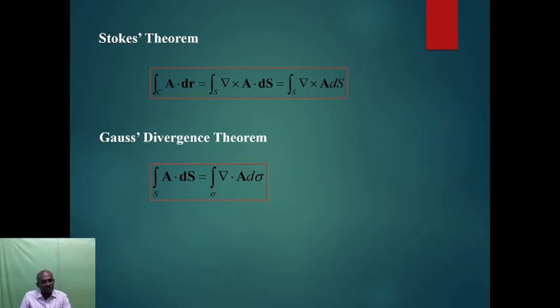In the Gauss divergence theorem, we relate a surface integral with a volume integral. The line integral of A dot dr is equal to the surface integral of del cross A ds, using which we can convert a surface integral into a line integral or vice versa. In the Gauss divergence theorem, the surface integral of A dot ds is equal to the volume integral of del dot A d sigma, using which we can convert a volume integral into a surface integral or vice versa.